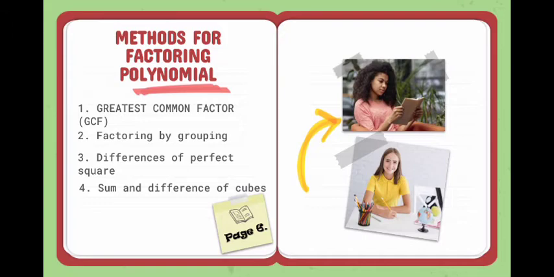When we say a polynomial in the form of a cubed plus b cubed, it is called a sum of cubes, while a polynomial in the form of a cubed minus b cubed is called a difference of cubes. And the last one is factoring trinomials. What is a trinomial? A trinomial is a polynomial consisting of 3 terms or monomials.